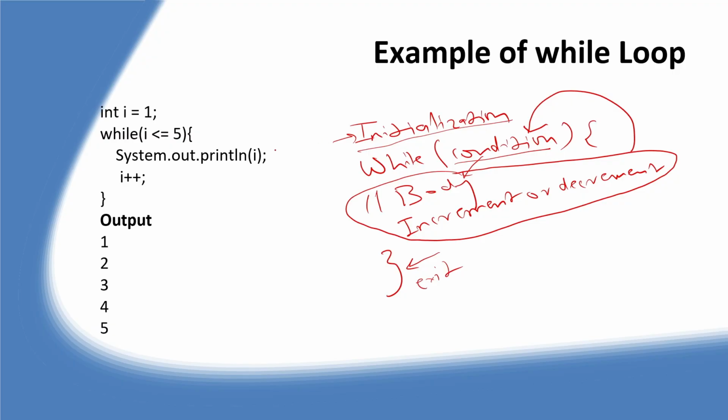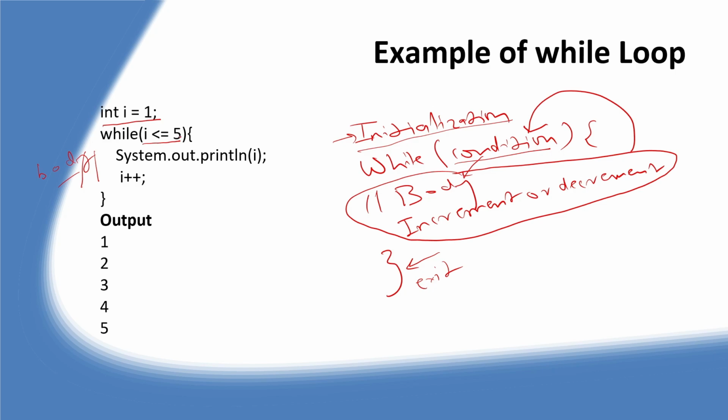So let's see an example. Here the initialization is I equals 1, the condition is I less than or equal to 5, and this is part of the body. For the first iteration, I is 1, less than or equal to 5.